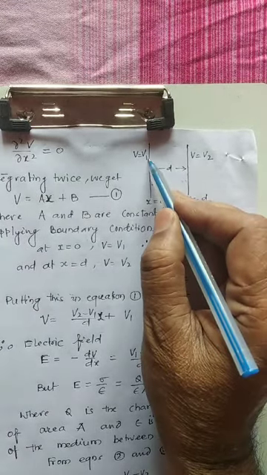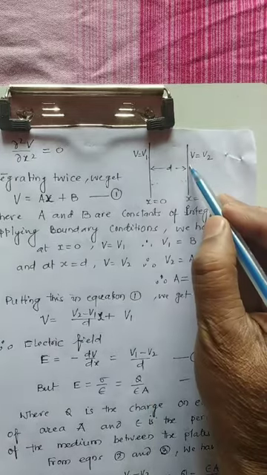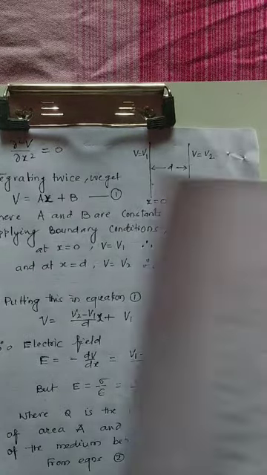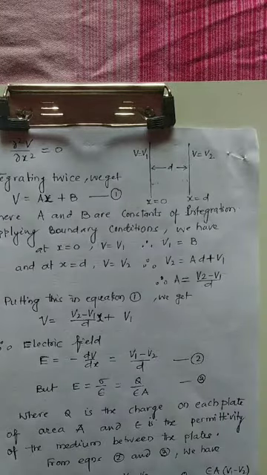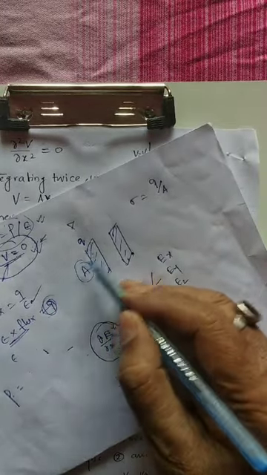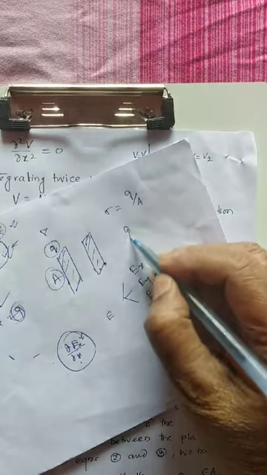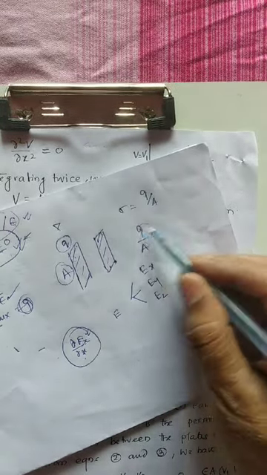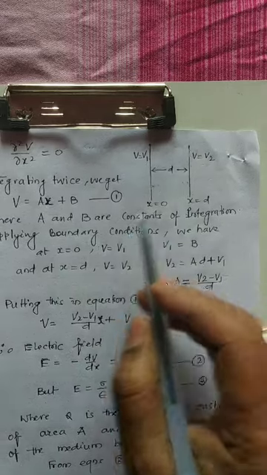The potential at the first plate is V1, the potential at the second plate is V2. The plate area is A. Suppose the first plate has area A and charge Q, so the charge per unit area is Q by A.